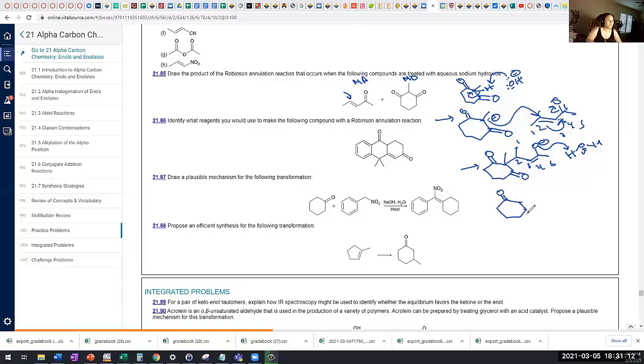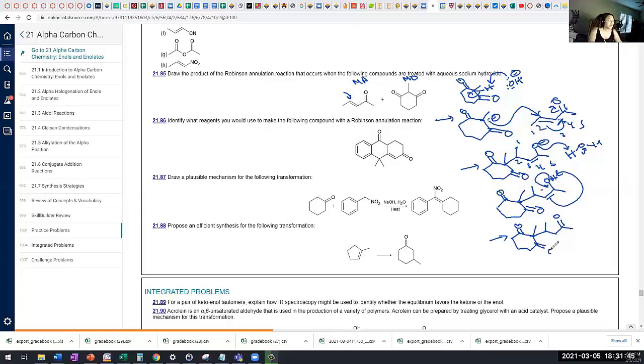And then I can tautomerize it. We get our enol, and then this can undergo tautomerization, and we would get our ketone.